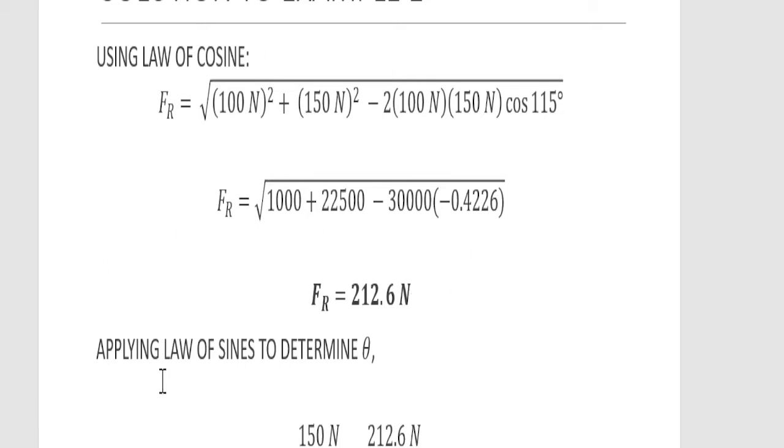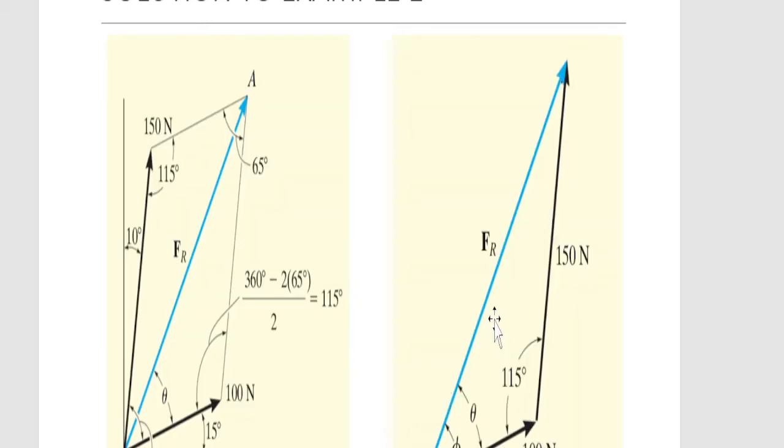And once you get that, apply the law of sine to determine the direction. Since we already got the value of FR, the only thing we need to find is this theta. That theta angle we can get by using the sine law.